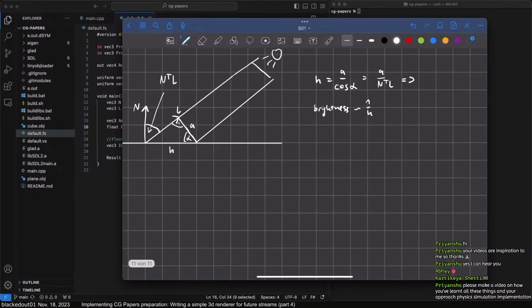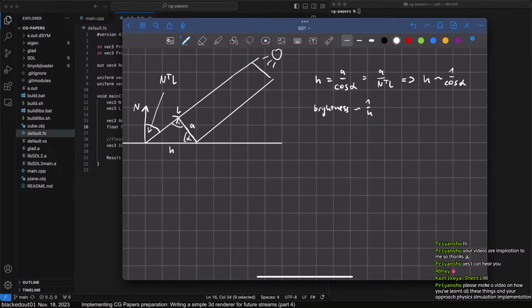So I said the cosine of alpha is the same as this angle. So this is just a dot product between n and L. And this means that a scales with the inverse of the cosine of the angle.